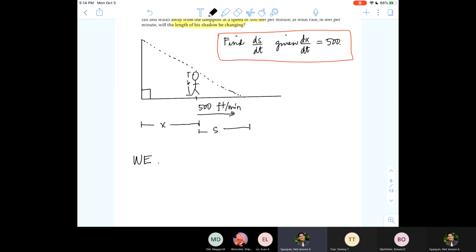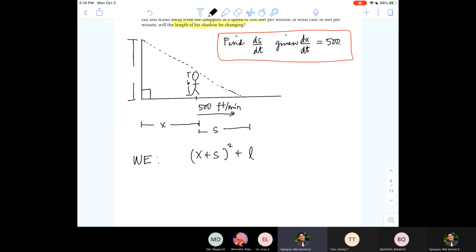Now, any idea? Well, you might be thinking, oh, there's a right triangle here, so probably we will use the Pythagorean theorem again, right? Well, if we're going to use the Pythagorean theorem, that will require us to have an x plus s, that's the base squared, plus the height, that value there, but that's the length of the lamppost. Well, let's just put it there.